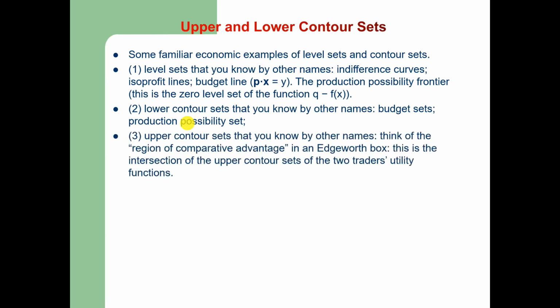Then upper contour sets that you know by other names, you may think of the region of comparative advantage in the Edgeworth box, and this is the intersection of the upper contour sets of the two traders' utility functions. You may remember that from introductory microeconomics, in which we discuss the indifference curves of the two consumers and two goods.